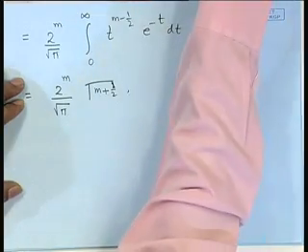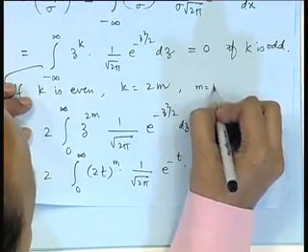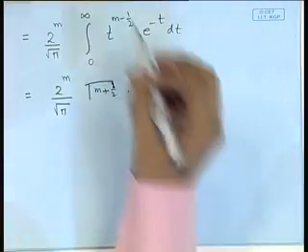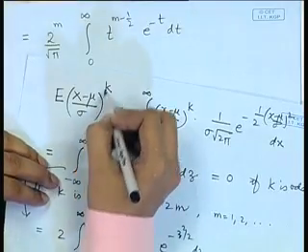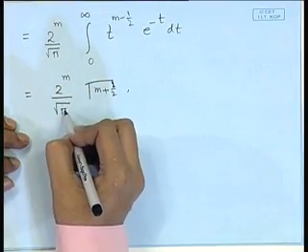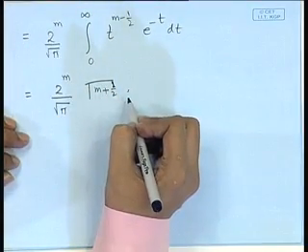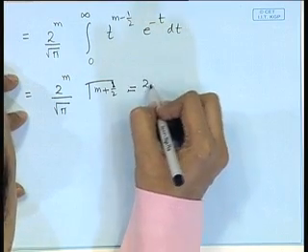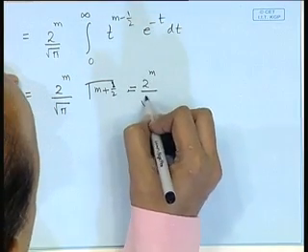So if m is any integer here, m equal to 1, 2 and so on, that is k is an even integer, then the expectation of (x minus mu by sigma) to the power 2m is given by 2 to the power m by root pi gamma of m plus half. Of course, we can further simplify this to write in a slightly convenient looking form.